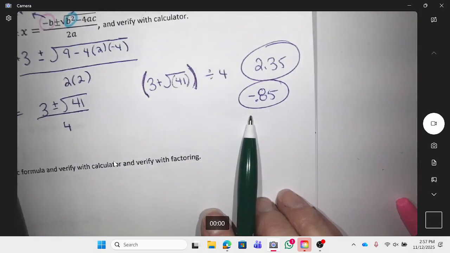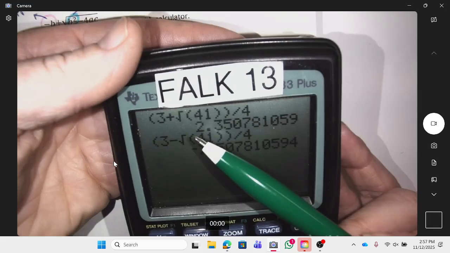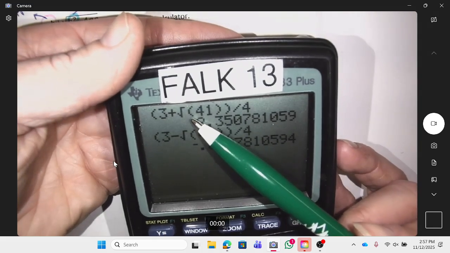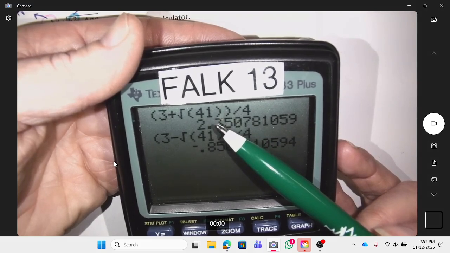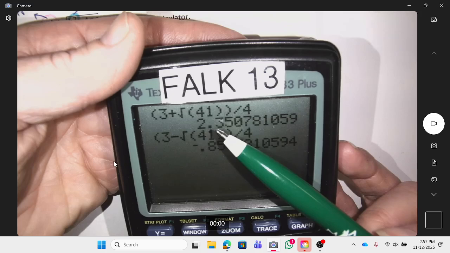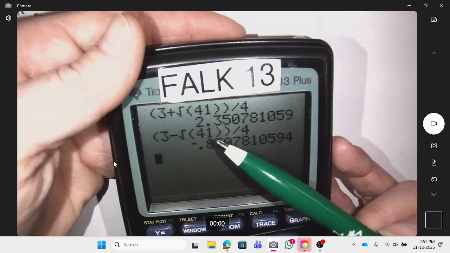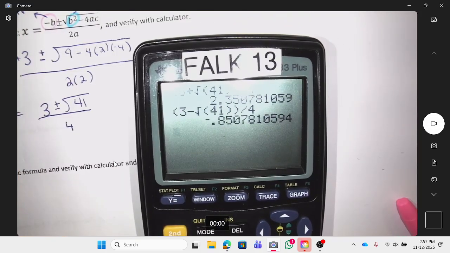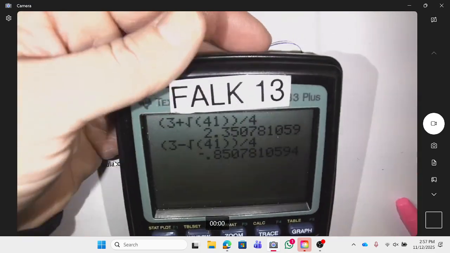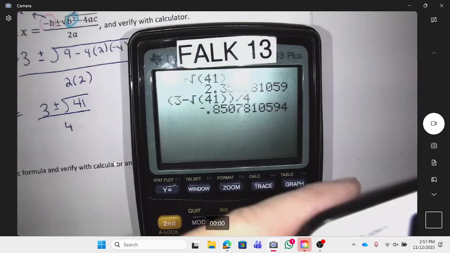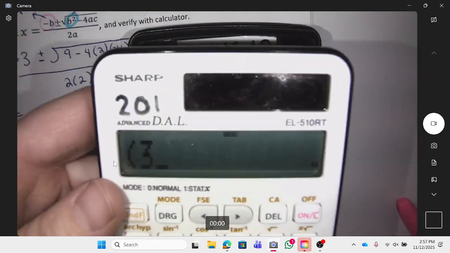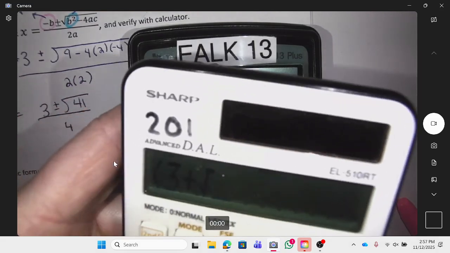Why is it double bracket thing? Because this calculator specifically puts a bracket around the square root value. So you need a bracket around the 41. Then you also need to have a bracket around the top family. So you always need a bracket. This calculator is a brackety calculator. Like my normal calculator, I wouldn't have had to do that. So I have to type all the brackets.